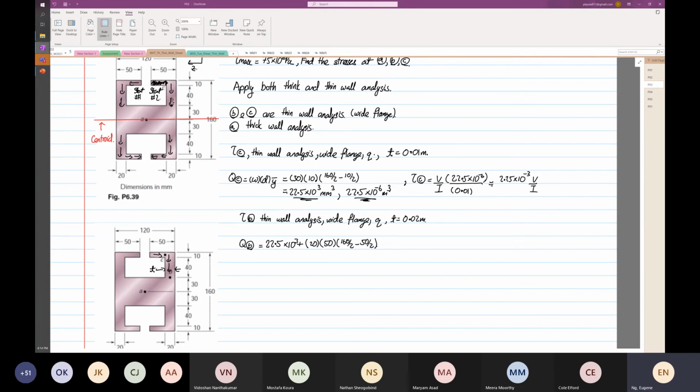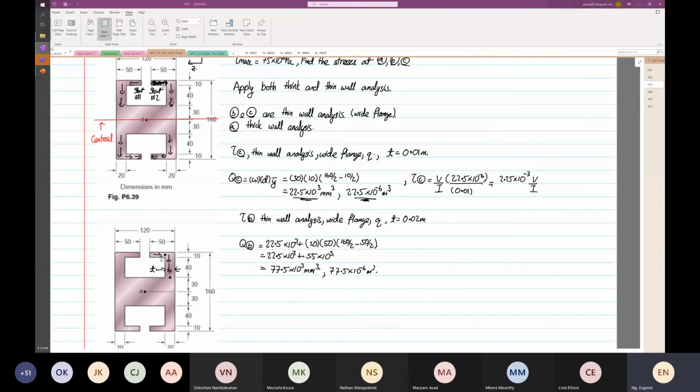So this is 22.5 times 10 to the power 3 plus 80 minus 25 times 50 times 20. So this is 55 times 10 to the power 3. So this is equal to 22.5 times 10 to the power 3 plus 55 times 10 to the power 3, equal to 77.5 times 10 to the power 3 millimeter cube, or 77.5 times 10 to the power minus 6 meter cube.